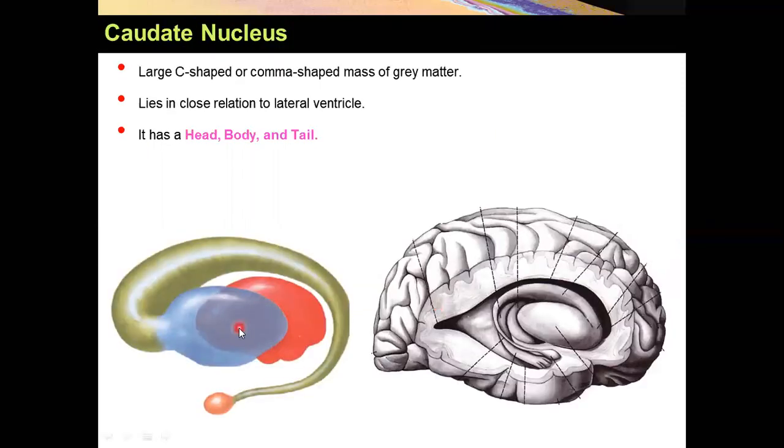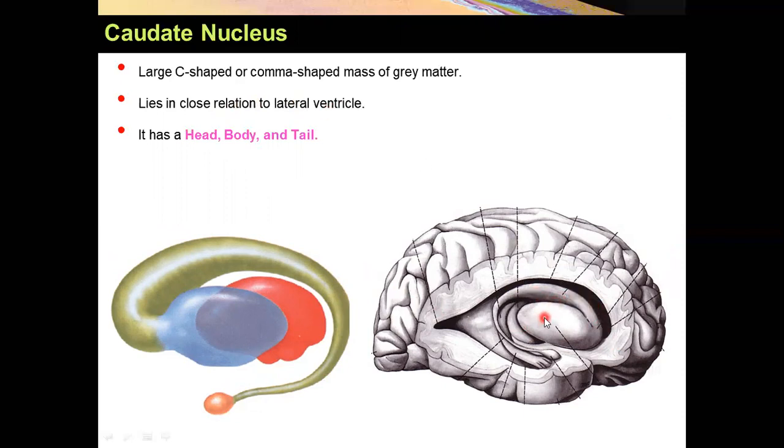Okay, now let's look at each component of the basal nuclei in detail. Now let's start with the caudate nucleus. As you see, the caudate nucleus here is taken out. It is inside the brain. So as you see, caudate nucleus is a large C-shaped or comma-shaped mass of gray matter. Lies in close relation with the lateral ventricle.